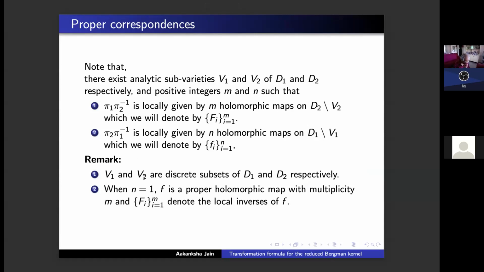Also here V1 and V2 will be discrete subsets of D1 and D2 respectively. Now note that the case when n equals 1 is in fact a proper holomorphic map with multiplicity m, and these capital F_i's denote the local inverses of small f. Of course, these are defined outside a discrete subset of the codomain, which is in fact the set of critical values of f.